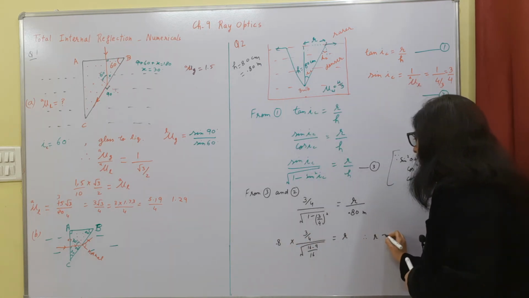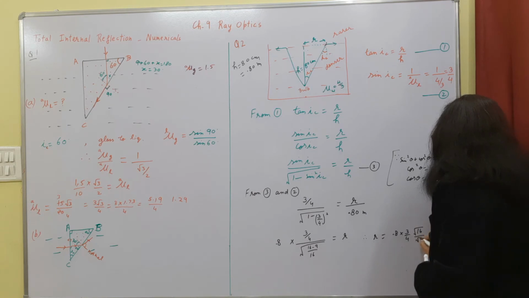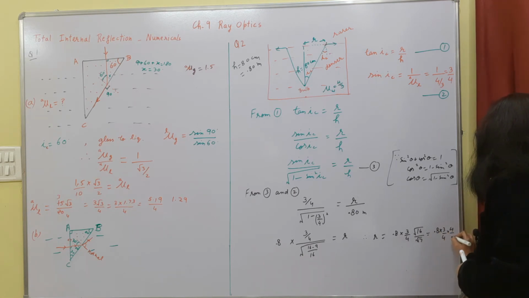Therefore, R is equal to 0.8 into 3 upon 4 into root 16 upon root 7, is equal to 0.8 into 3 upon 4 into 4 upon root 7.